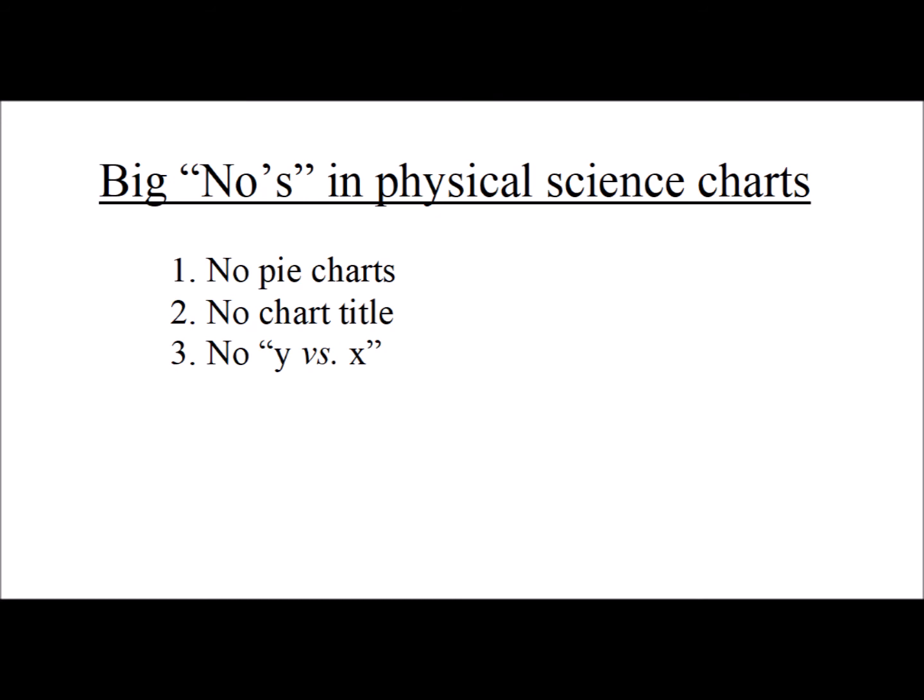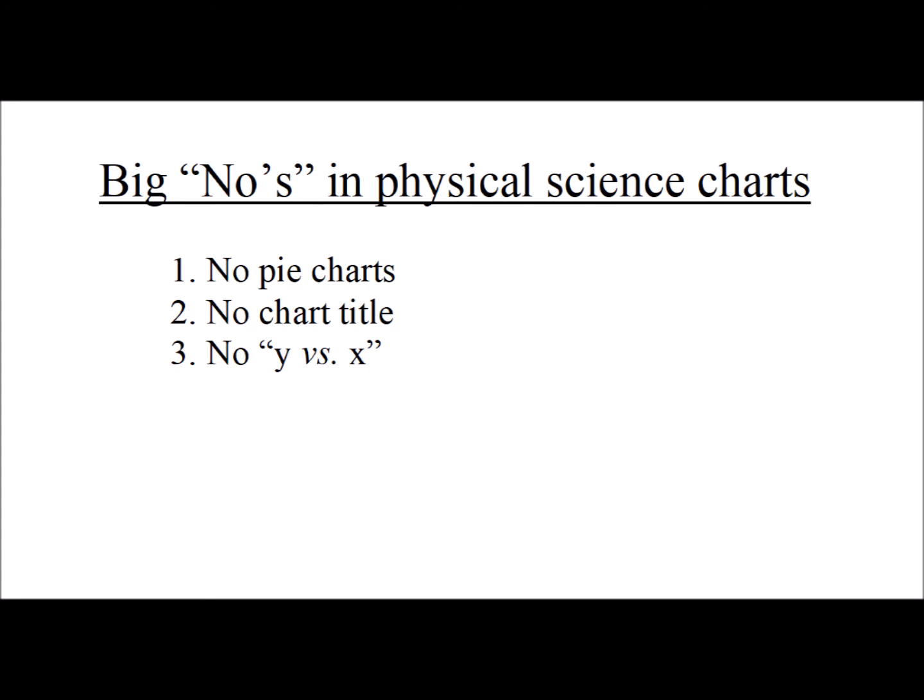On those occasions when we would actually use a chart title, we want to always have descriptive titles. So we don't want to have y versus x, where y is the quantity that's on the y-axis and x is the quantity on the x-axis. Even worse, students will often write x versus y, which is inversion of the proper order, since y is interpreted as being a function of x.